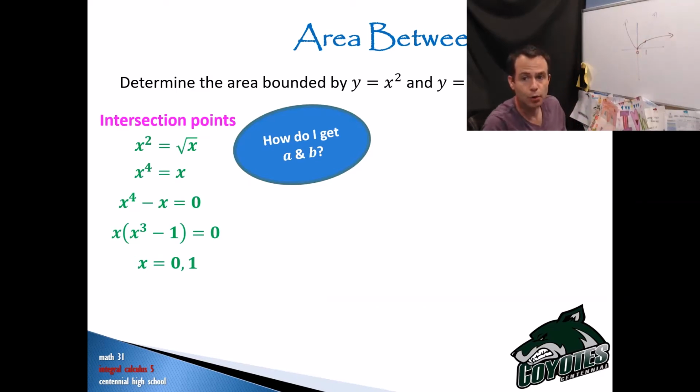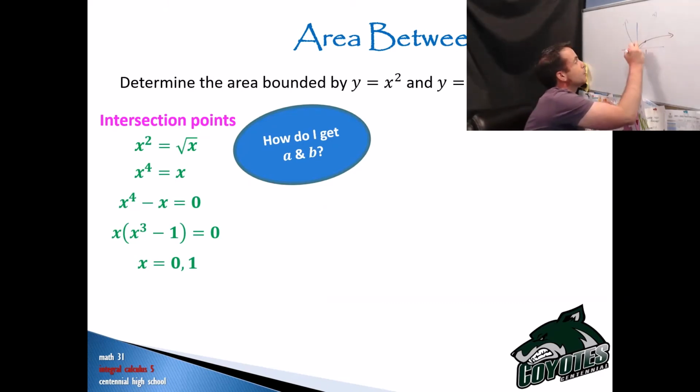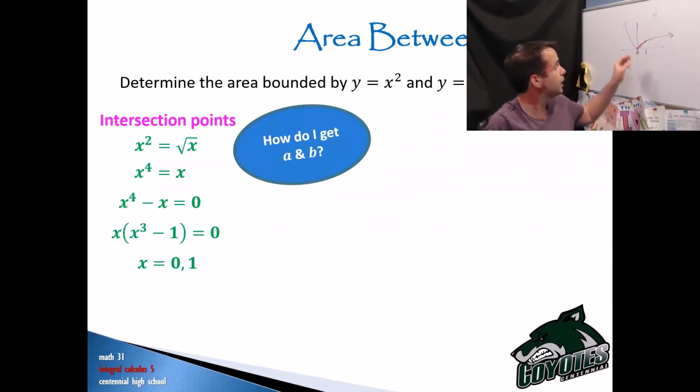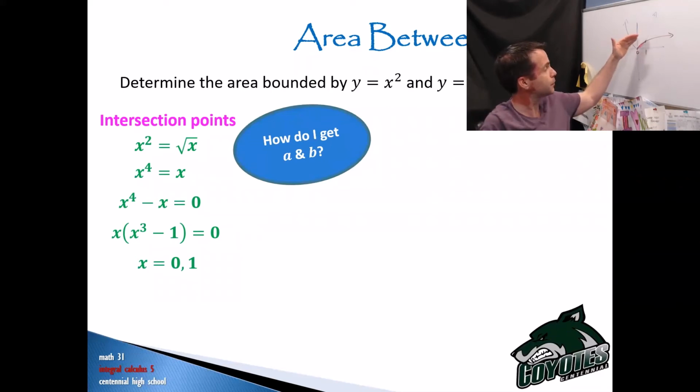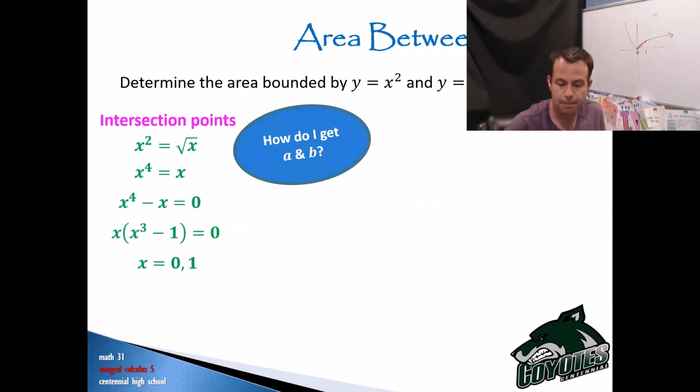So that is the spot, which I know I'm really teeny tiny in this video, but this spot right here is the area in between those two curves. There's always only one on top for this guy, and it happens to be the root of x. So I'm going to go the integral of root of x from 0 to 1 minus the integral of x squared from 0 to 1.